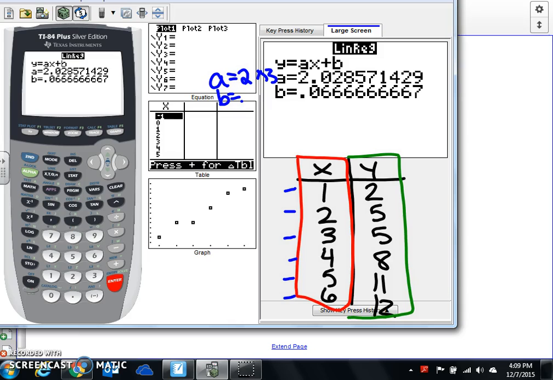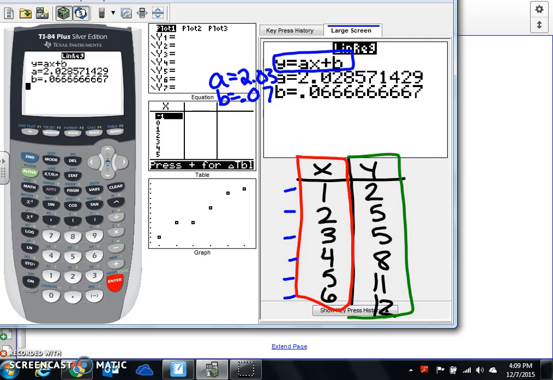So you're always going to round to the nearest hundredth. Does everybody see where it says y equals ax plus b? That should be very familiar because it's actually y equals mx plus b. Do not ask me why. I have no idea why your calculator uses a instead of m.